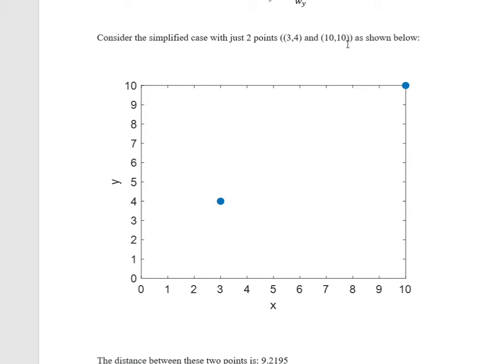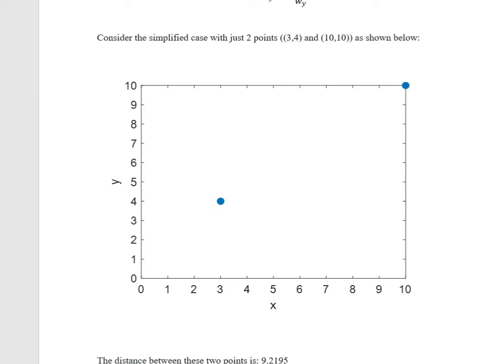So you have 7 and 6, 6 for the x-axis and 7 for the y-axis. So you need to divide the x-axis by 6 and the y-axis by 7. So now you get 1 and 1 for the second point and 0 and 0 for the first point.